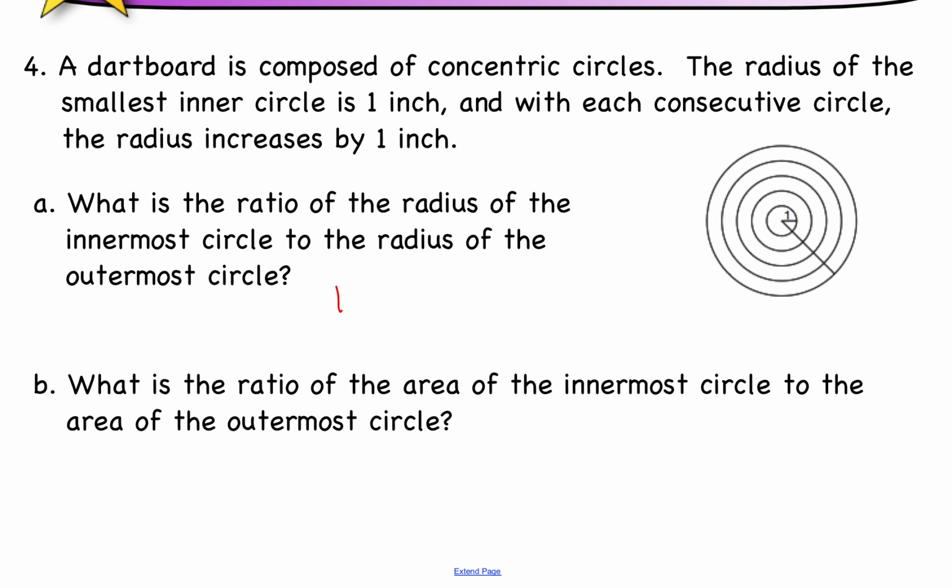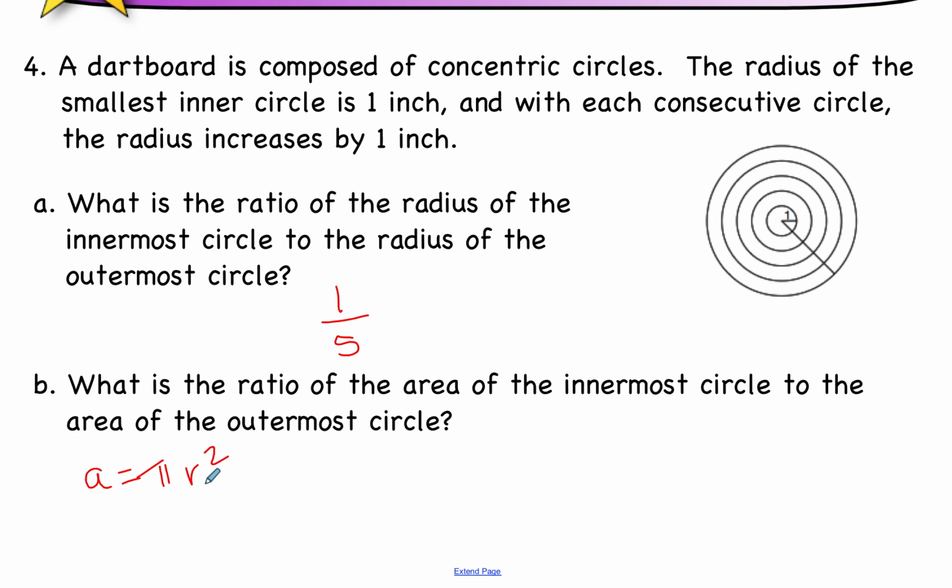So the ratio of the radius of the innermost circle to the outermost circle is 1 to 5, right? What is the ratio of the area of the innermost circle to the area of the outermost circle? Well, the area of a circle is equal to pi r squared.